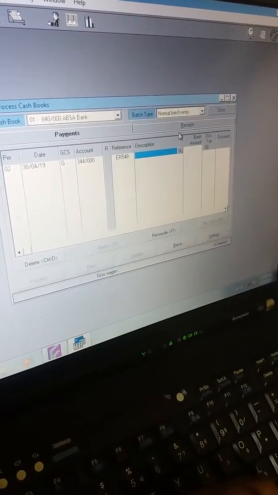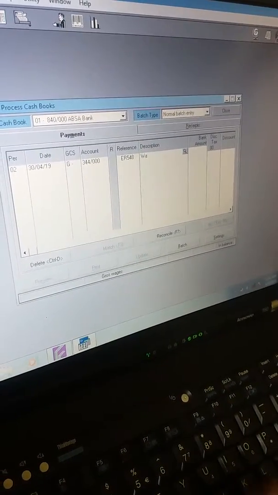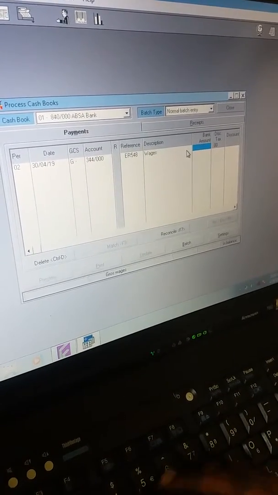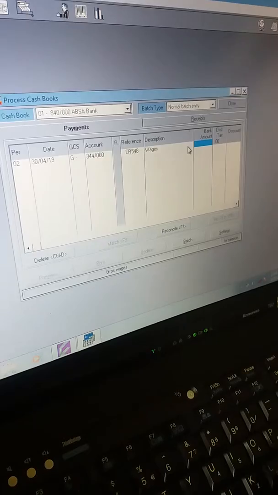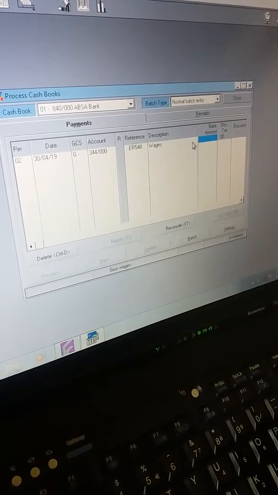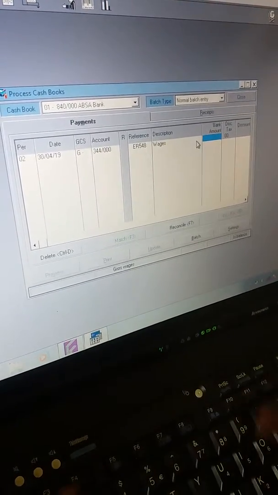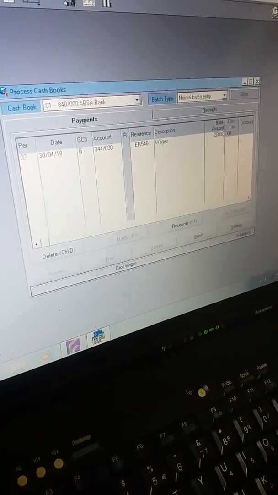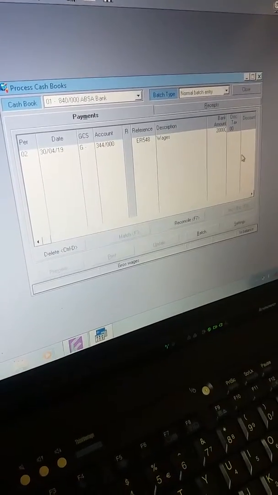For the description, we just tap wages. Then we tap the amount, how much the cost of salaries is for all the workers. For example, I'm going to take 20,000.